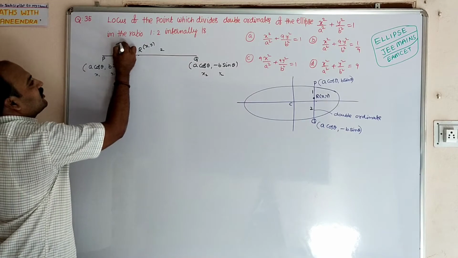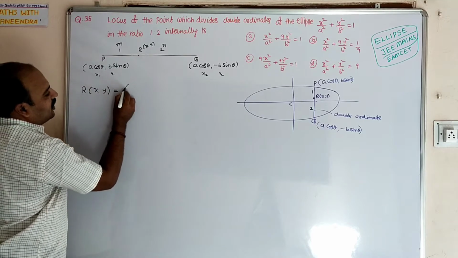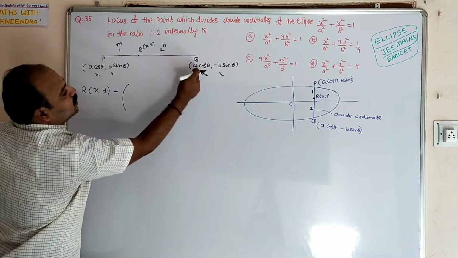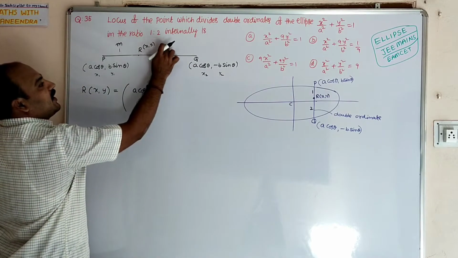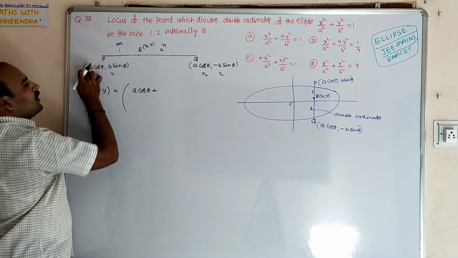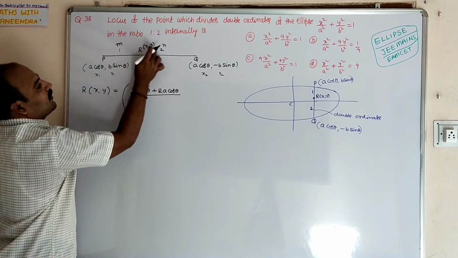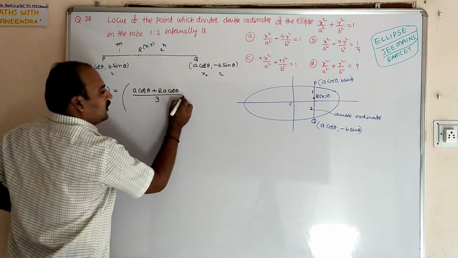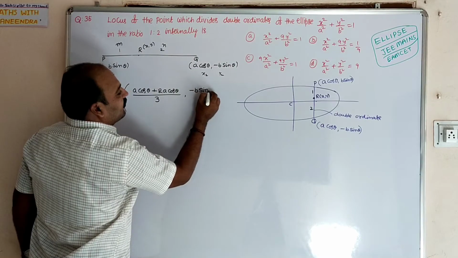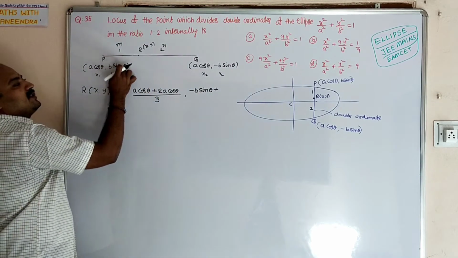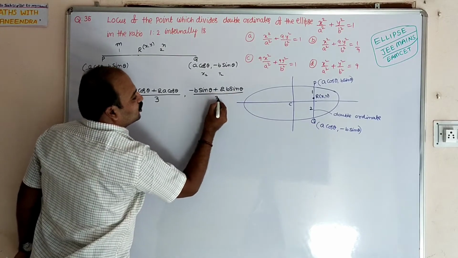So this is M, this is N. So R of x comma y equals (m x2 plus n x1) by (1 plus 2), that is (1 into a cos theta plus 2 into a cos theta) divided by 1 plus 2, which is 3, comma (m y2 plus n y1), that is (1 into minus b sin theta plus 2 into b sin theta), whole divided by 1 plus 2.